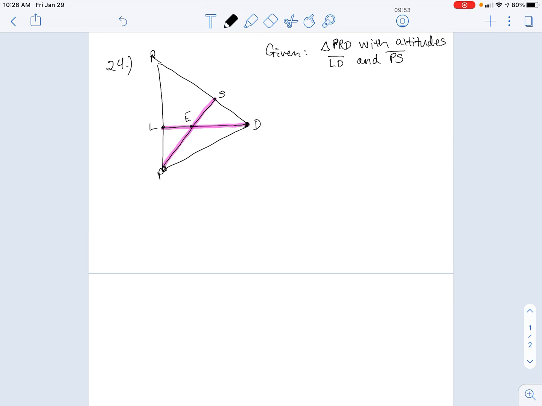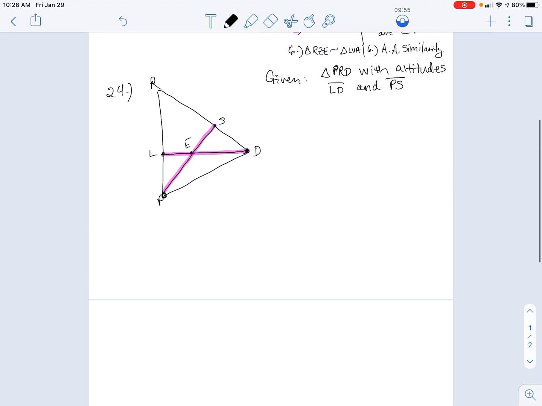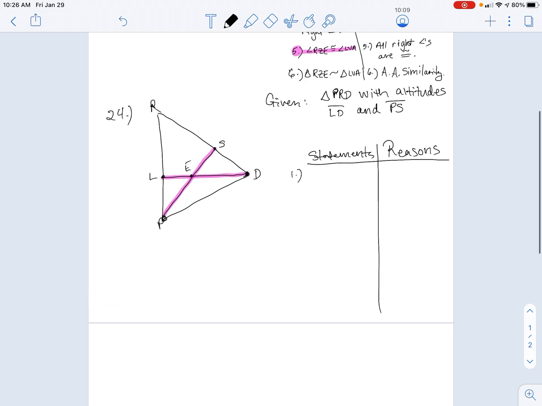Let's go ahead and get our statements and reasons table down here. Statements and reasons. So we're going to start off by some of the things we've already discussed.